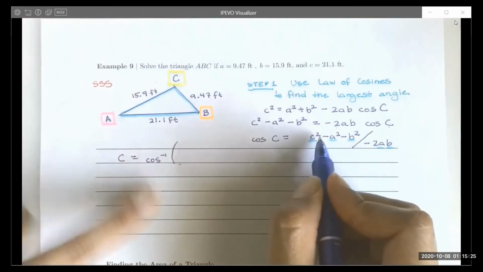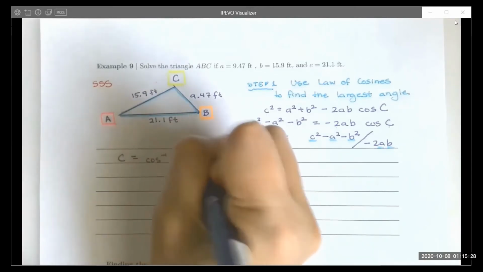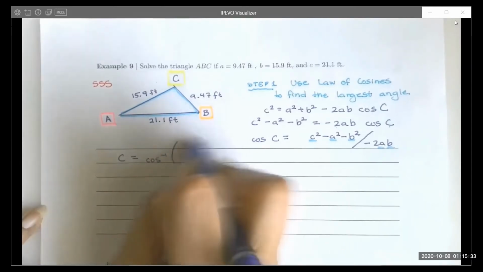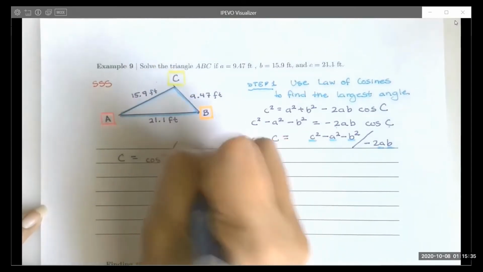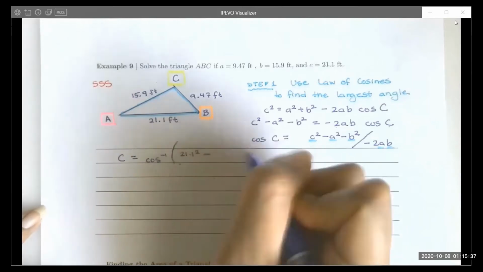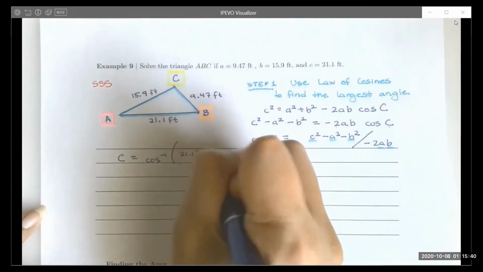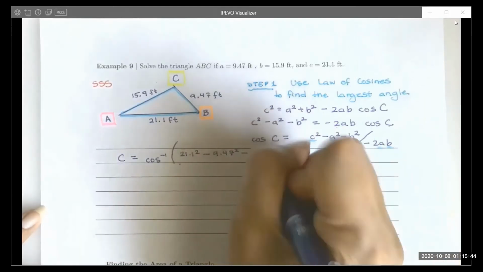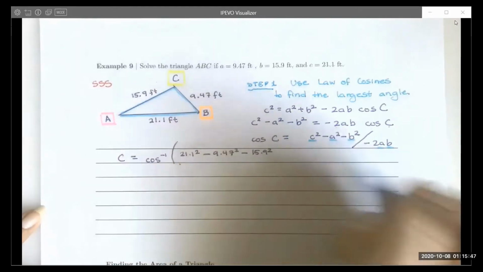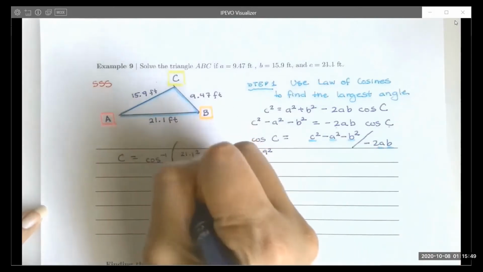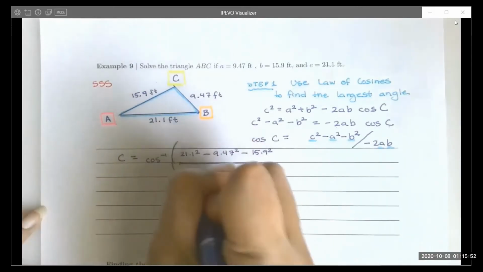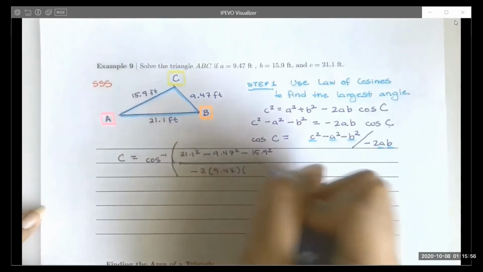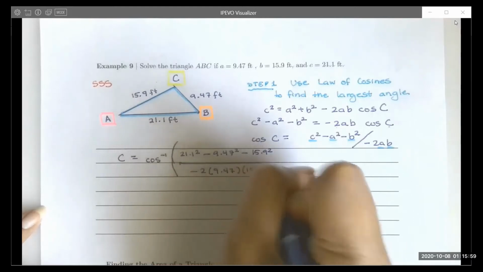So C squared would be 21.1 squared, minus A squared, so that would be minus 9.47 squared, minus B squared, that is 15.9 squared, and then divided by negative 2 times A, which is 9.47, times B, which is 15.9.